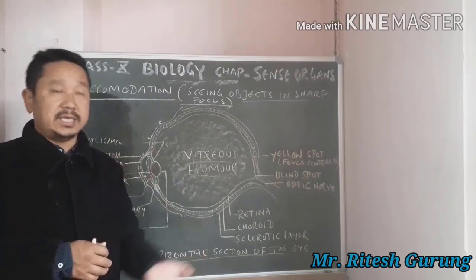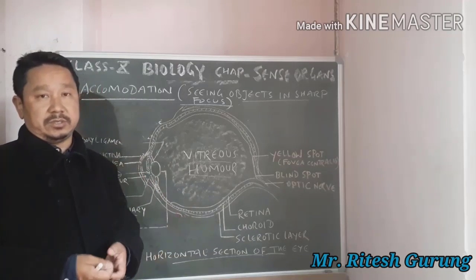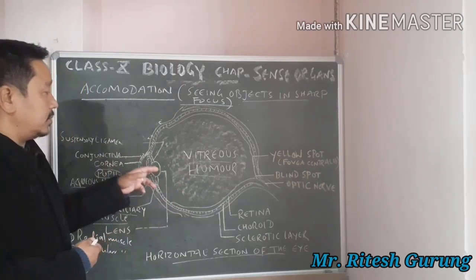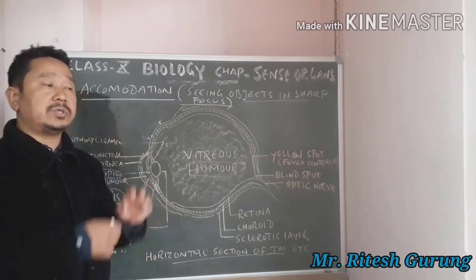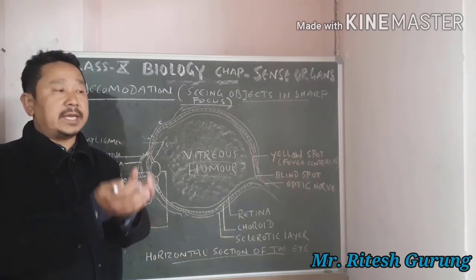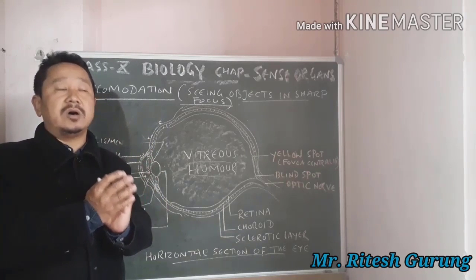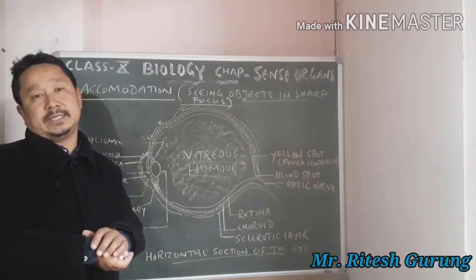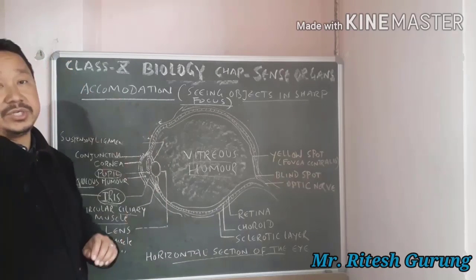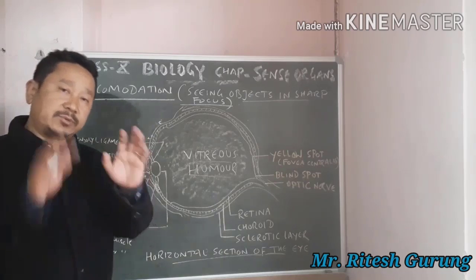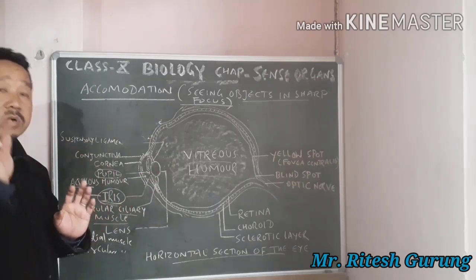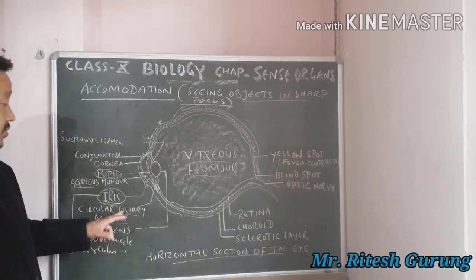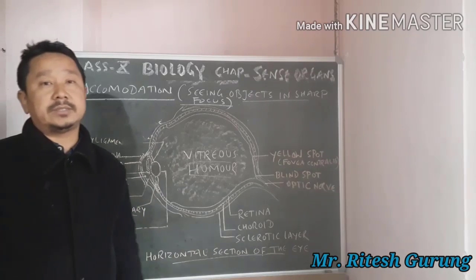So this change in the shape of the lens brings about some arrangement in your eyes so that you can see objects at different distances. That is called accommodation. And as I've told you, this change in shape is mainly controlled by the muscles present there called ciliary muscles.